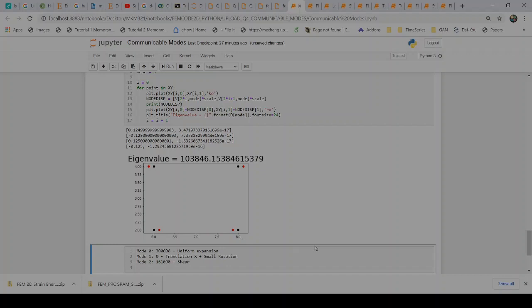So imagine I'm taking a beam, a rectangle, and I'm putting a moment on it such that the top is in tension and the bottom is in compression. This is what one might expect to see. Obviously, we would expect to see some curved stuff, but we only have 4 nodes. So this looks like a bending kind of phenomenon. So mode 3, you can say it's 103,000. So let's call it just 100,000. That's what bending looks like.